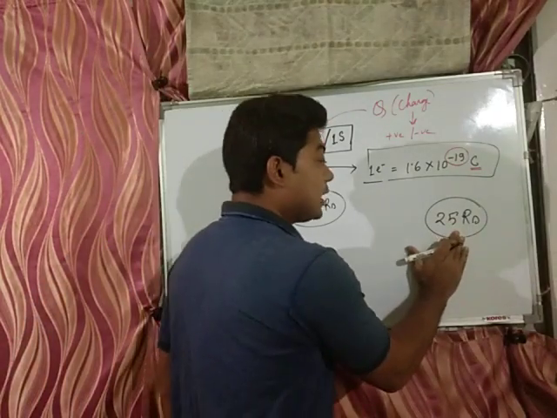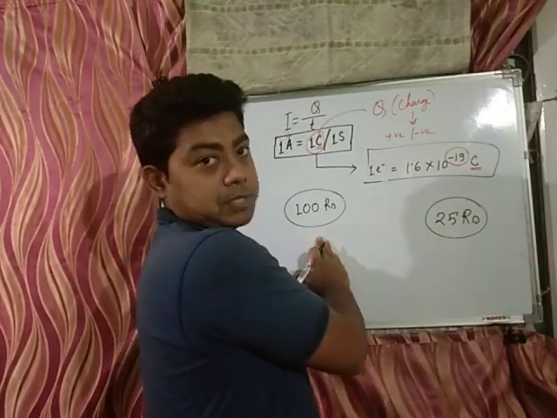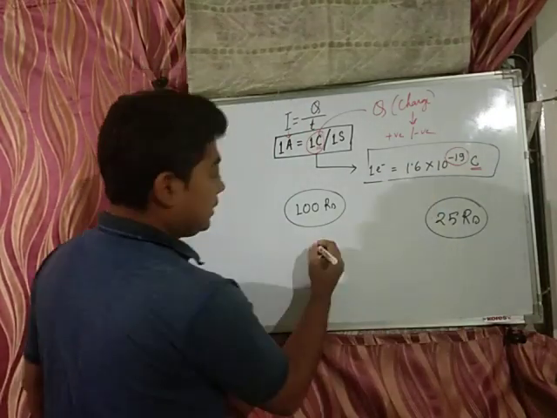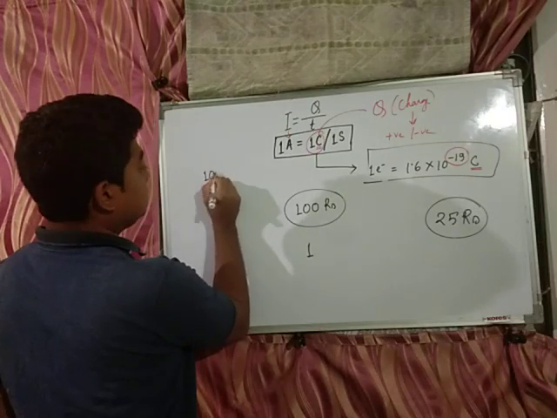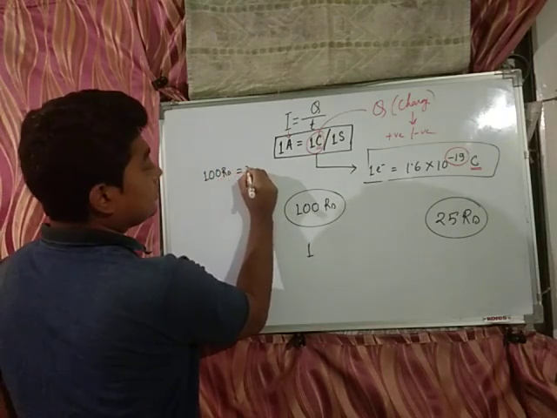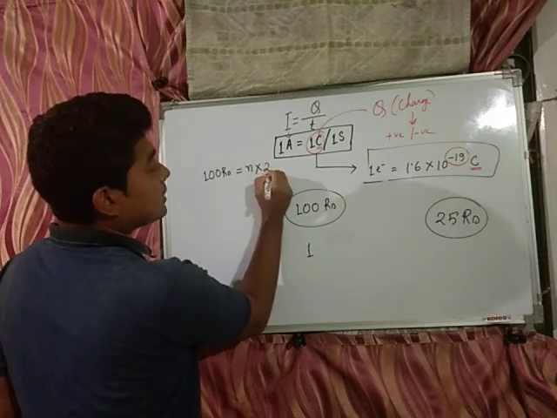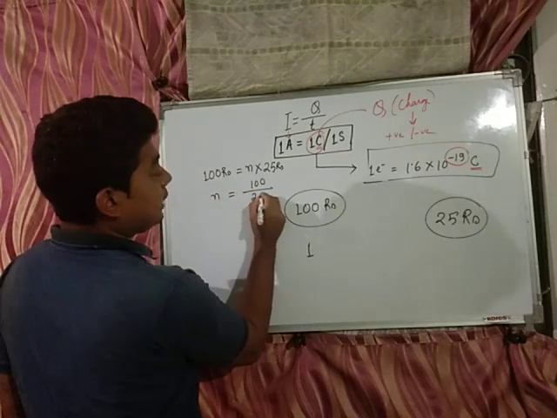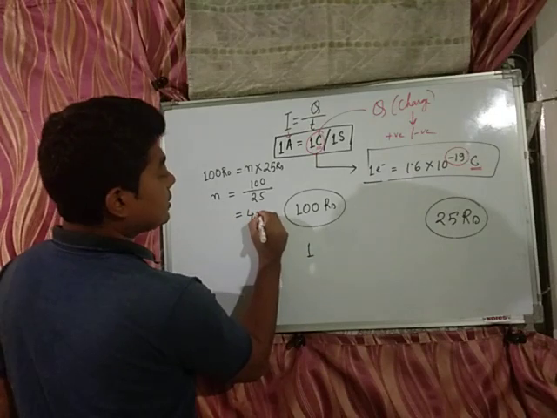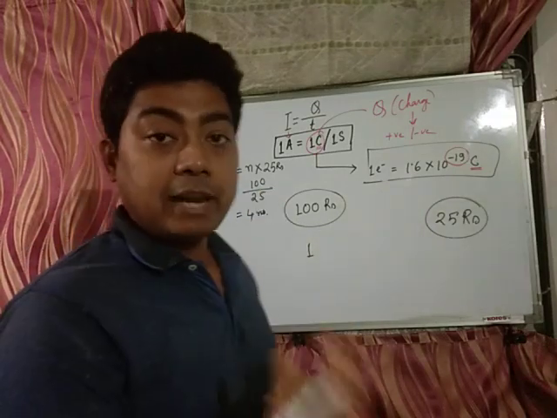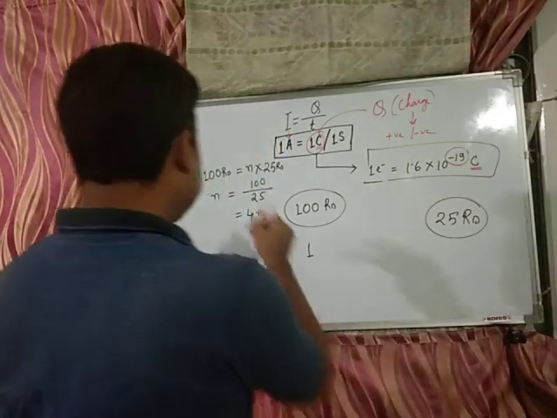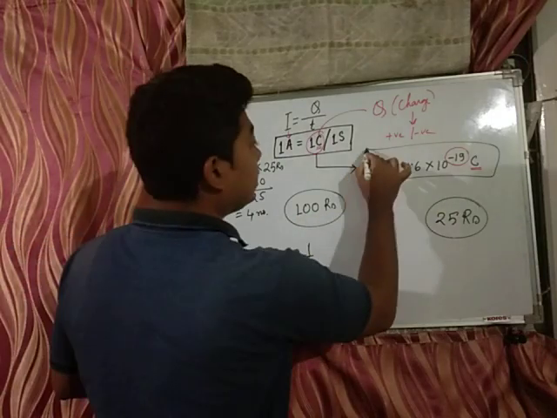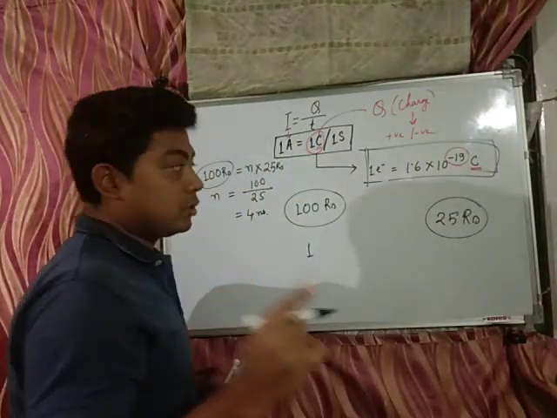You have to make 100 rupees, so how many 25 rupees notes do you need? How will you calculate? 100 divided by 25 equals 4. That means you need 4 numbers of 25 rupees to produce 100 rupees. Like that, you have the charge of 1 electron.